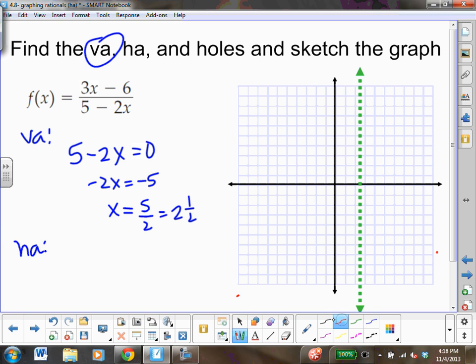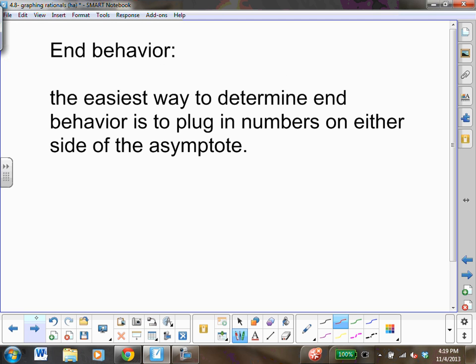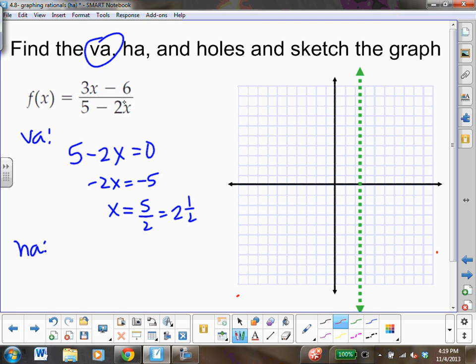So let's talk about a horizontal asymptote. I have to look back at my rules. If the degree of the numerator and the degree of the denominator are the same, the horizontal asymptote is a fraction of the coefficients, which I think is my situation here. I have this fraction and this fraction.